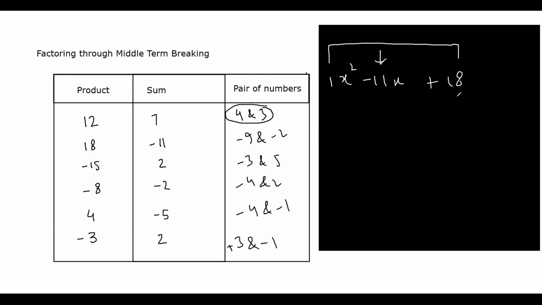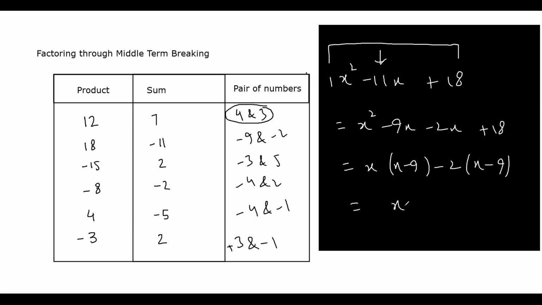So the product should be 18 and the sum should be minus 11. So you will write it as x squared minus 9x minus 2x and then plus 18. Okay, and then you have x into x minus 9 and minus 2 into x minus 9. So we have x minus 9 times x minus 2. That is how we are doing this middle term breaking.